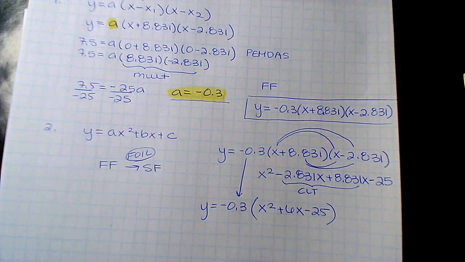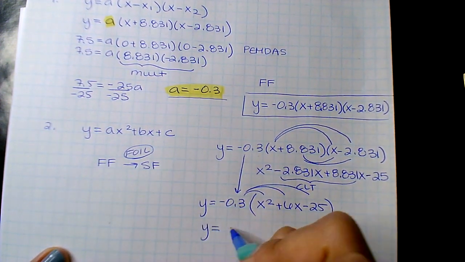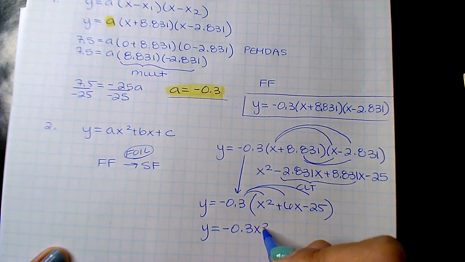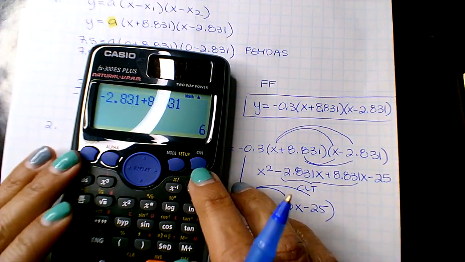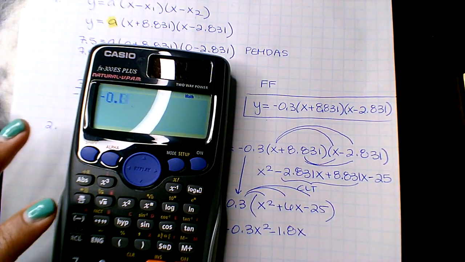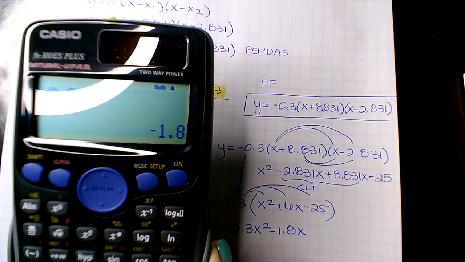And now you're going to distribute that negative 3/10. Would you like me to distribute? Yes? Okay, so if I distribute, I'm going to get negative 3/10 x squared, negative 1.8x. If you don't believe me, negative 0.3 times 6 is negative 1.8, okay?